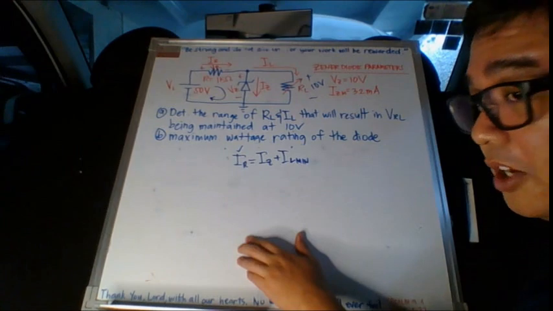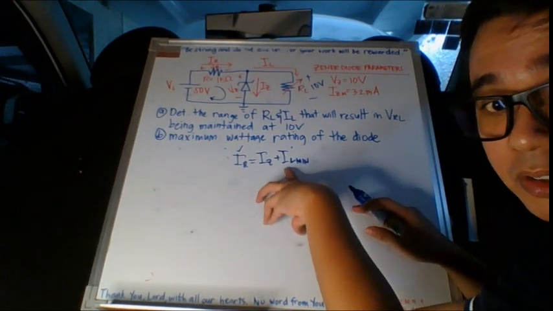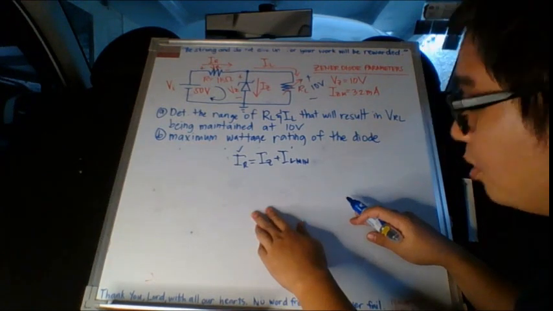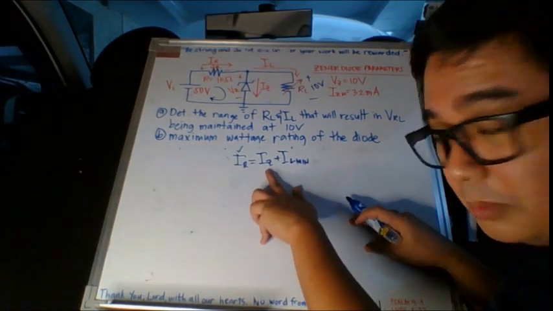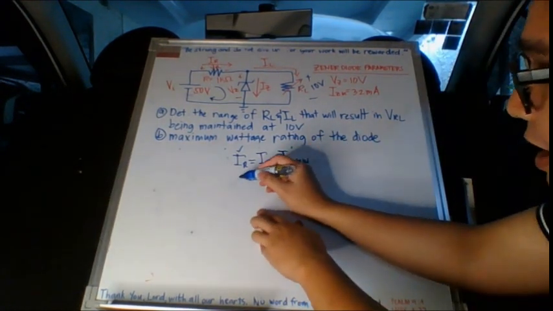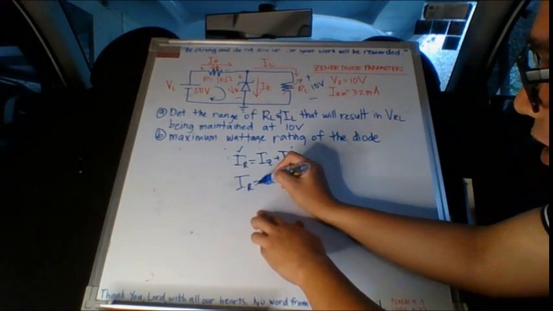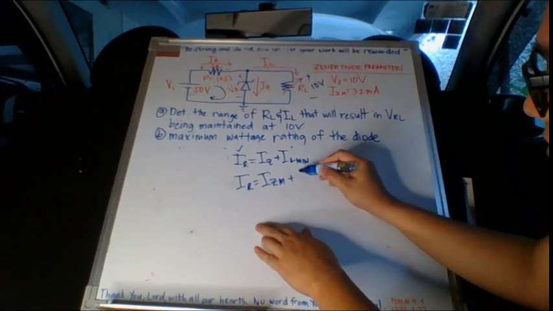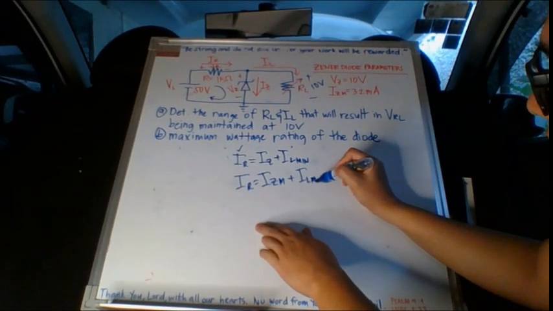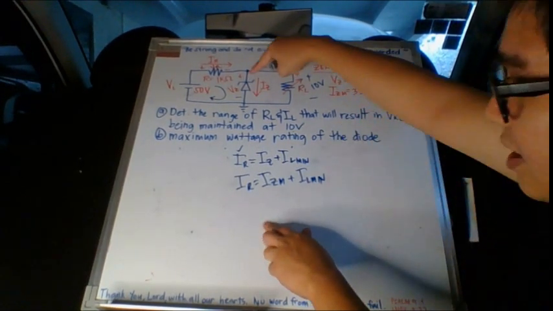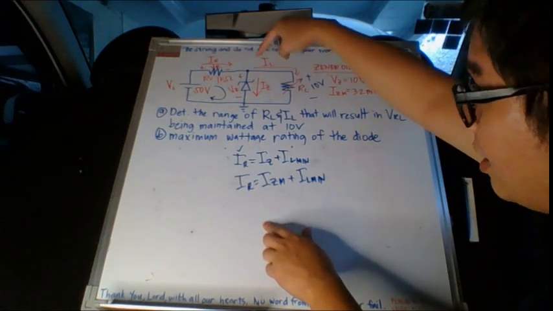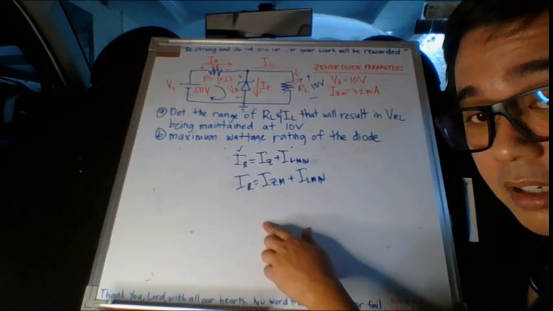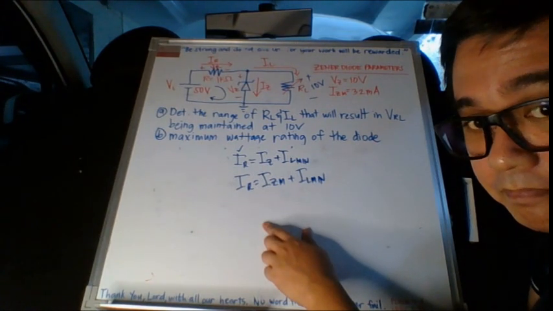Ngayon sa ating equation, minimum ito. Ano kayang value ng I sub Z natin? So we will use the maximum value. Therefore, ito ay papalitan natin ngayon ng I sub Z M. Maximum yung kuryente dito, therefore minimum yung kuryente mo dito because of the current divider.